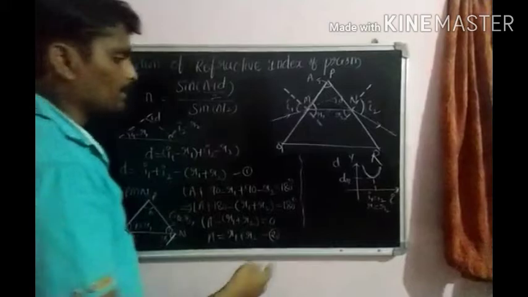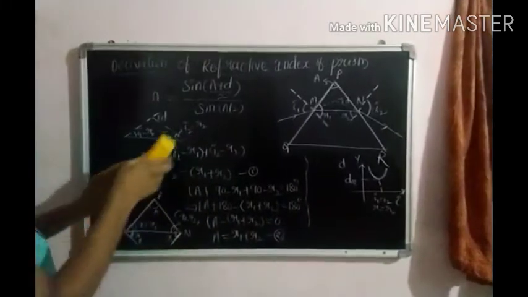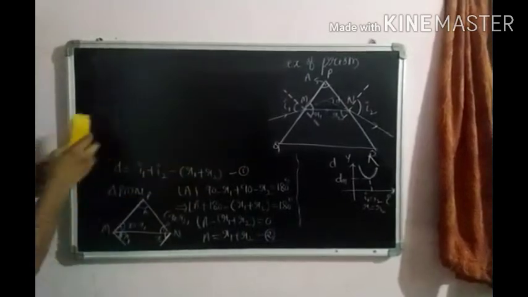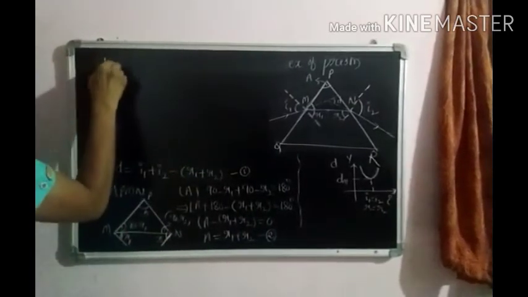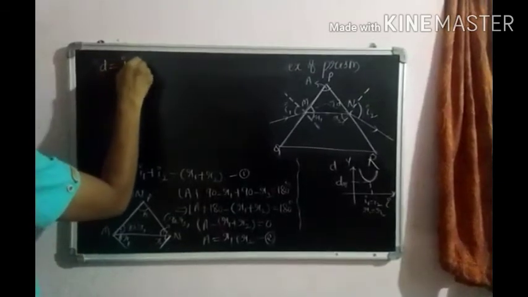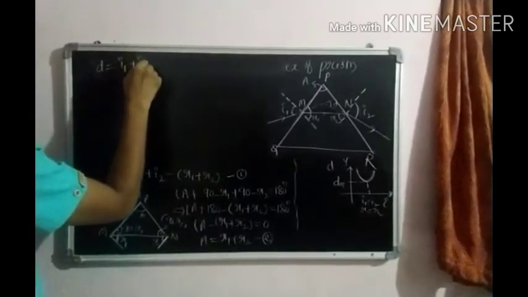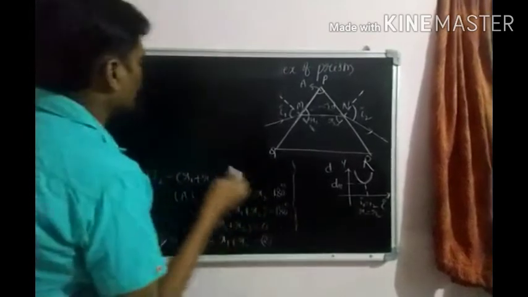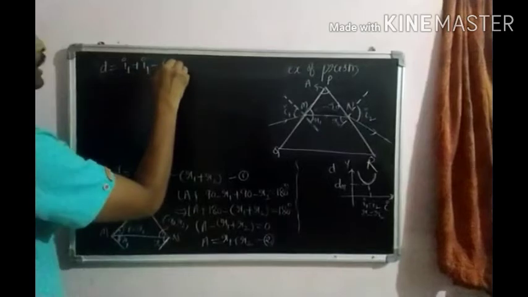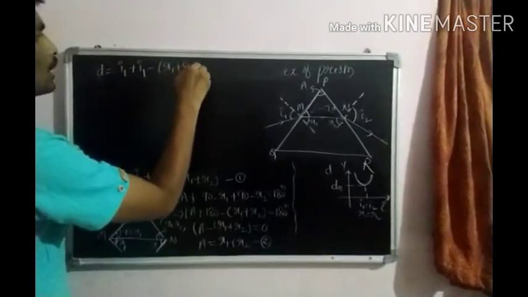This is the first equation, this is the second equation. The first equation becomes D equals I1 plus I1, since I1 equals I2, minus (R1 plus R2).